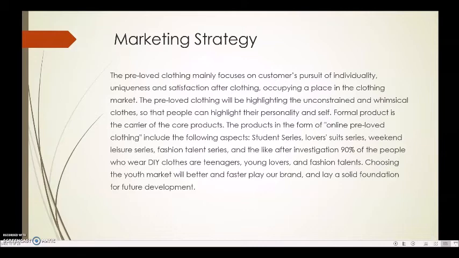That's how we have to brand, and that's how we have to do the marketing strategy from the get-go. Let's say we have to include different aspects like a student series, a lover suit series, a weekend leisure series, and we have to bring many more marketing strategies so that we can attract people to these clothes, as many as possible.